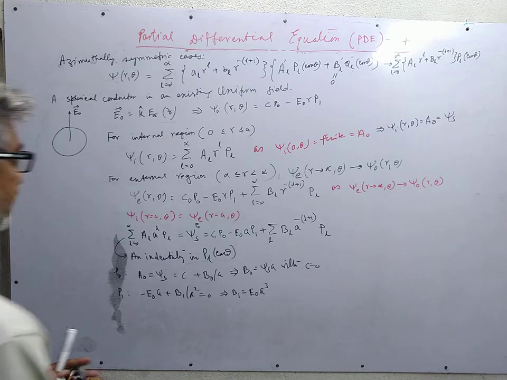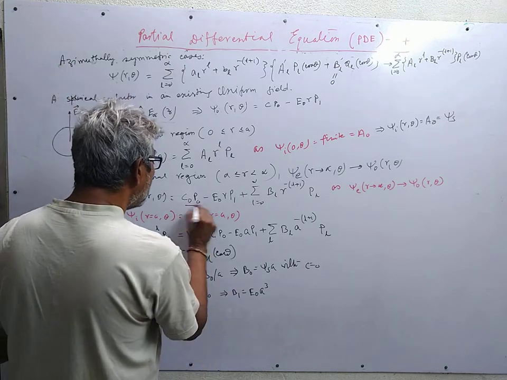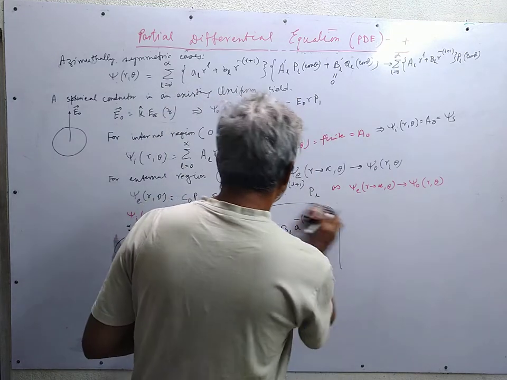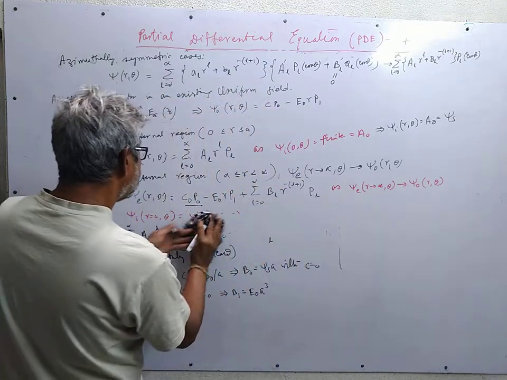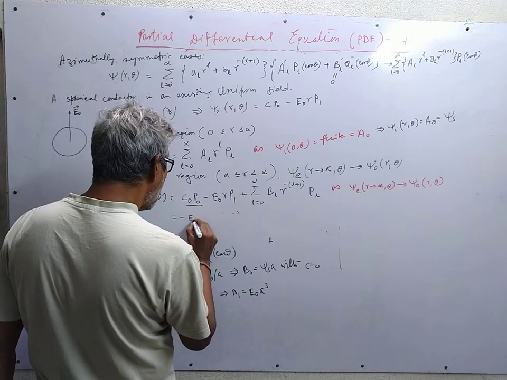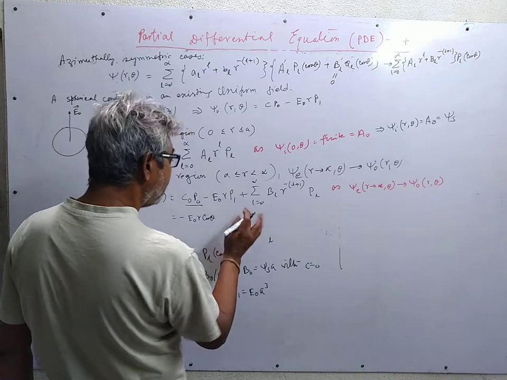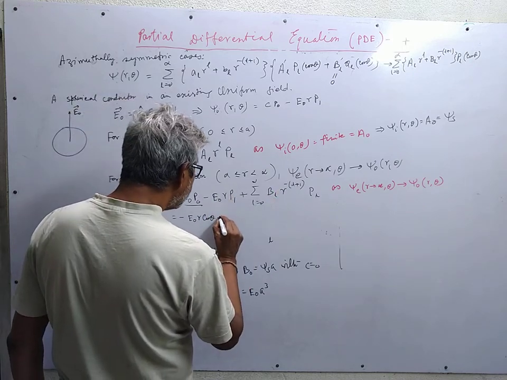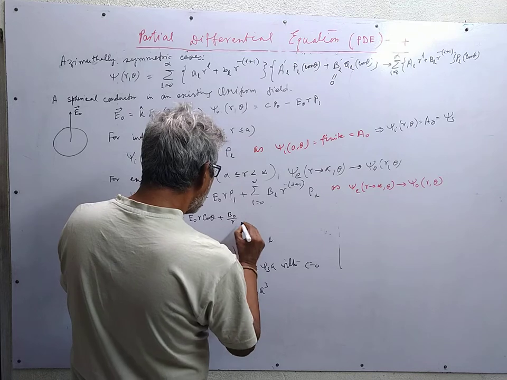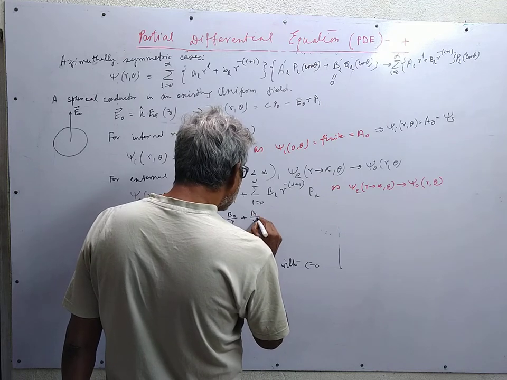So what we get for the external region: this potential is no more there, so this part simplifies, if we set C0 as 0, to E0 R cos theta from this part, then B0 by R plus B1 R square cos theta.